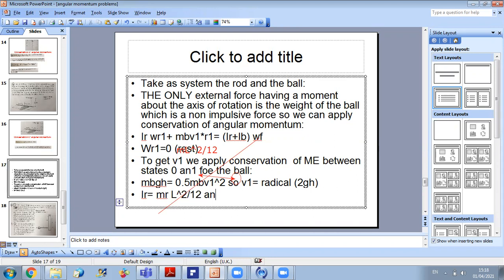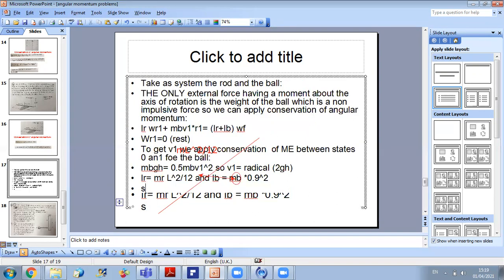And for inertia of the ball it's mass of the ball times 0.9 square. So now I have everything needed for my calculation. The only unknown will be omega final, so I get omega final.